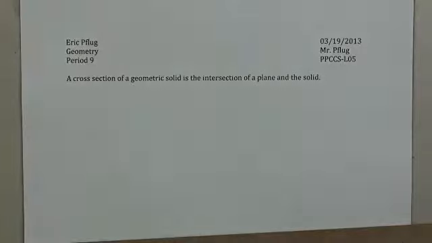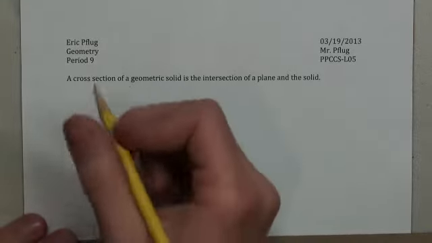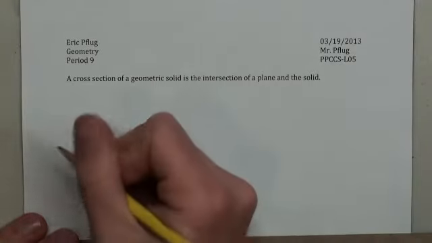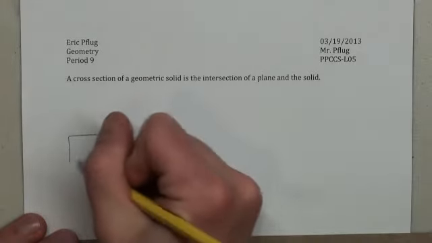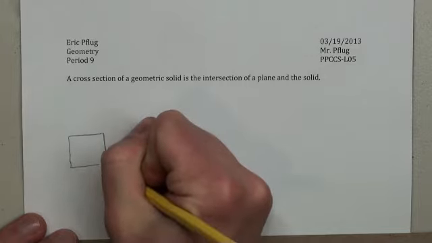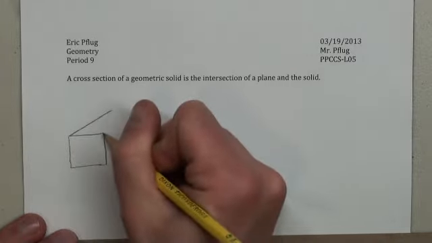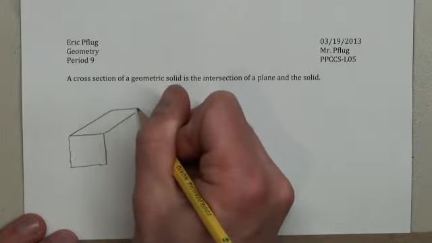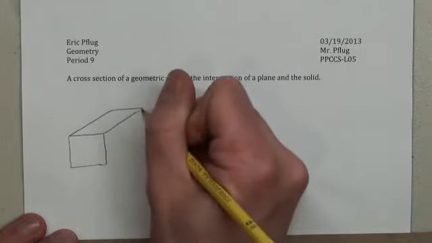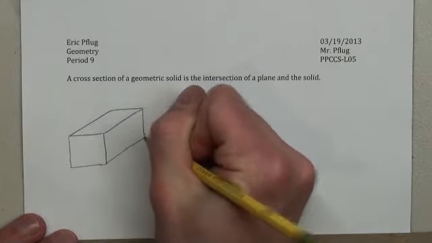This is where we're going to need to draw something. A cross-section of a geometric solid is the intersection of a plane and the solid. So, for example, if I had a cube, a rectangular prism, let's say.